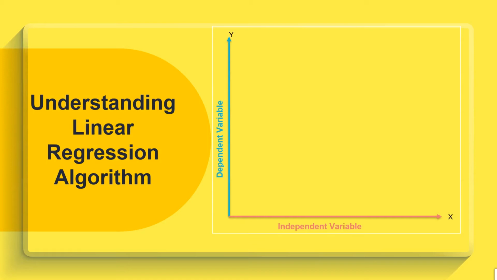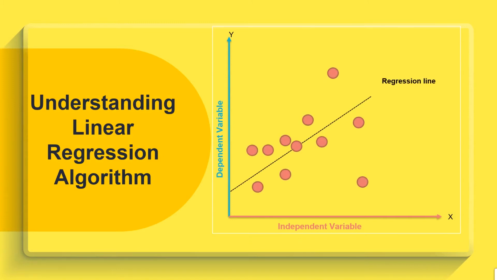So let's add some data points to our graph. So these are some observations or data points on our graph. Let's plot some more. Now all our data points are plotted. Now our task is to create a regression line or the best fit line. Once our regression line is drawn, it's the task of prediction. And suppose this is our estimated value or the predicted value and this is our actual value.